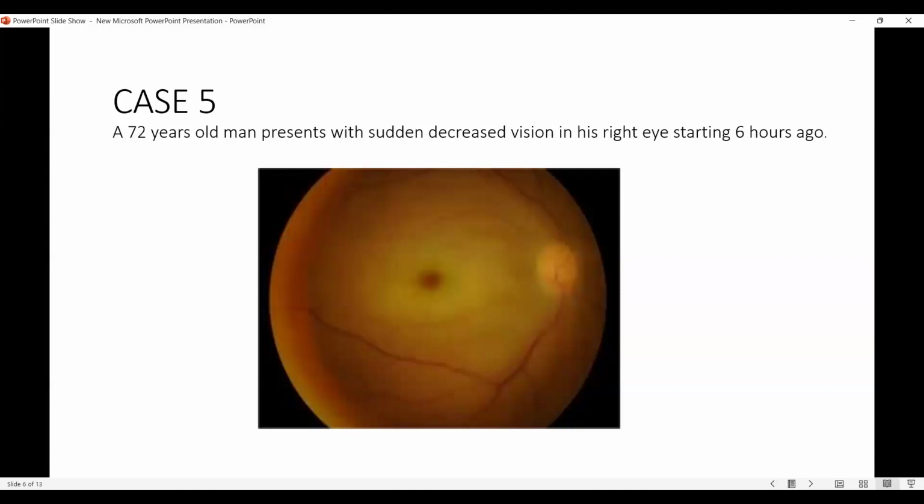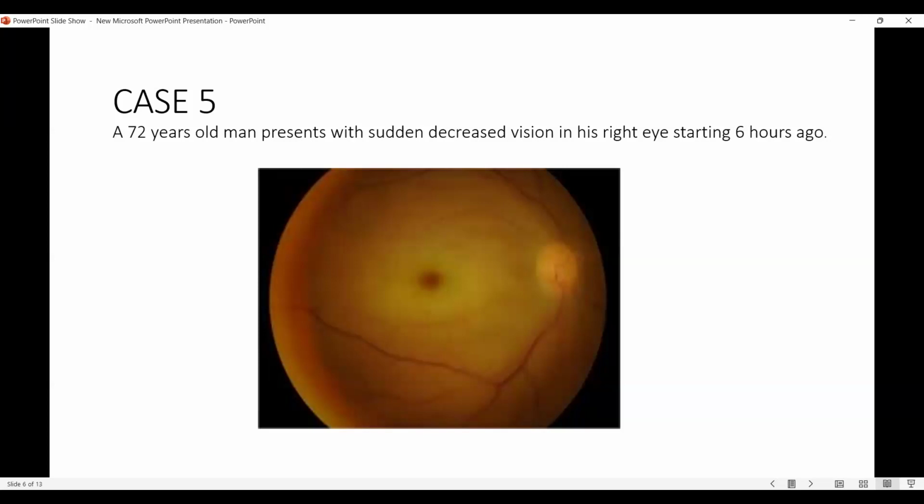The next question would be regarding the pathogenesis and the causes, like how will you evaluate and how will you treat such a patient? So the evaluation will be divided into a systemic assessment and an ocular assessment.